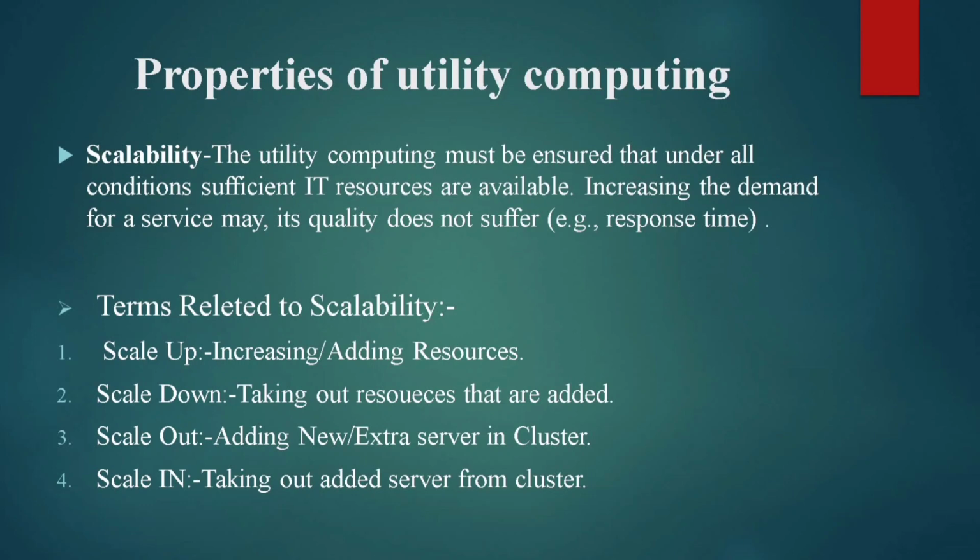Then the next term is scale out, adding a new extra server in a cluster. That means when we add some new or extra server inside a cluster, that process is called scale out. Then the last term is scale in. When we start removing the additional servers which we added in the cluster, that process is called scale in.